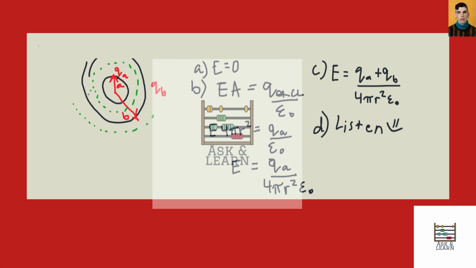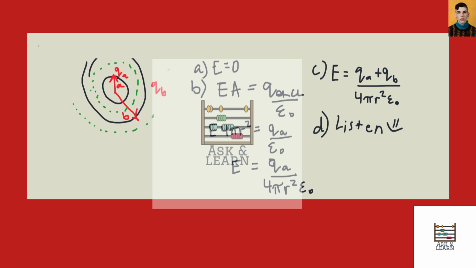So negative QA is going to be on the inner surface here. That's because if you drew your Gaussian surface within the shell, the electric field would be 0 because it's a conductor, and by Gauss's law, you conclude that the total charge enclosed must be 0. So the inner surface must match, so it should be minus QA.